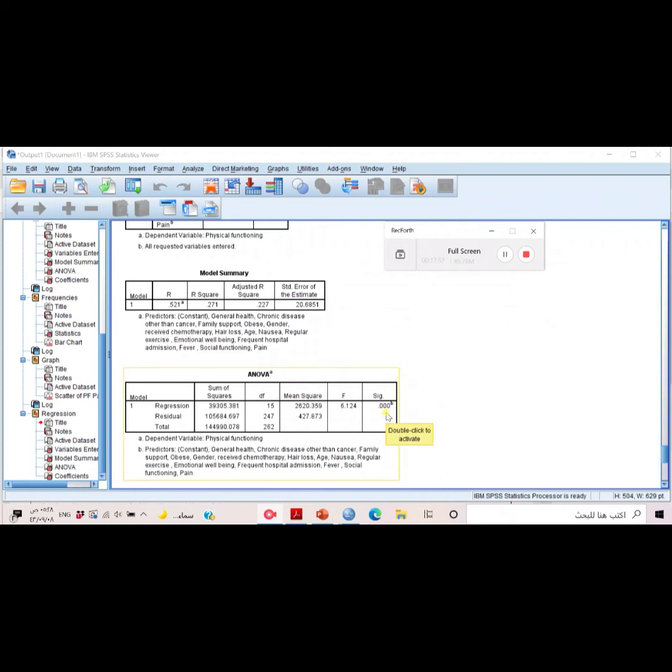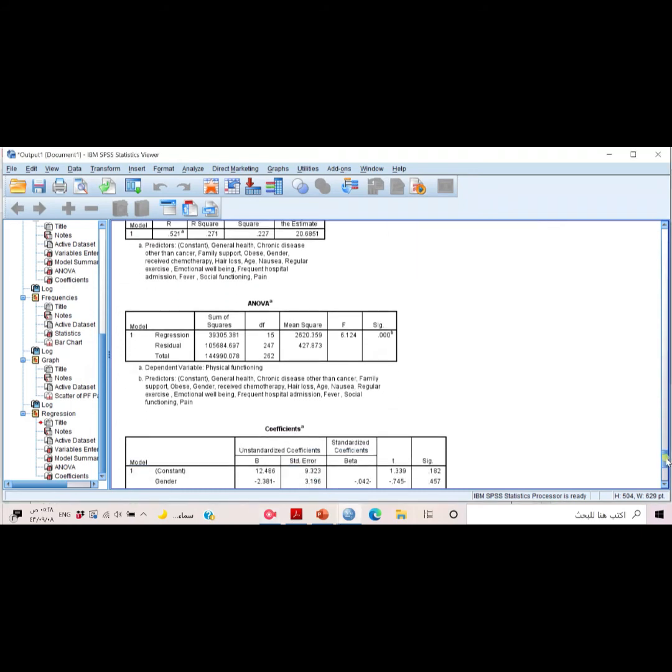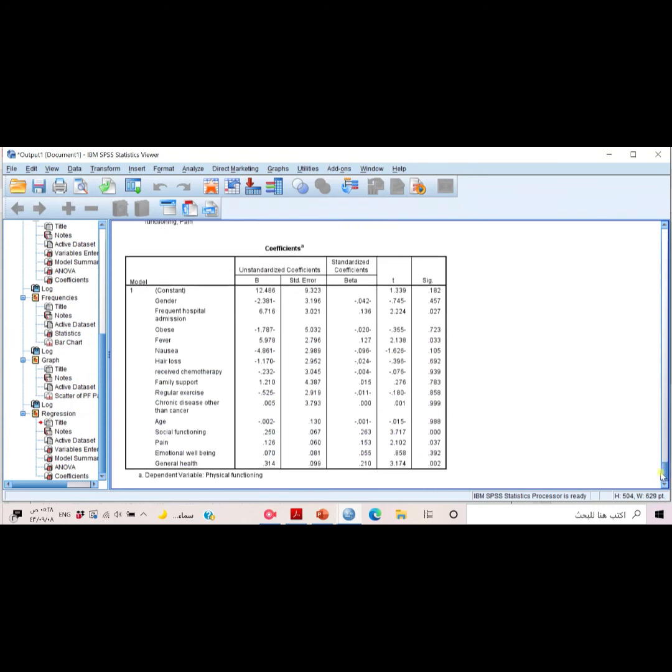We have the ANOVA. ANOVA gives me an indication if the model is useful or not. If it's significant, that means the model is useful. And then we will move to the coefficient table.